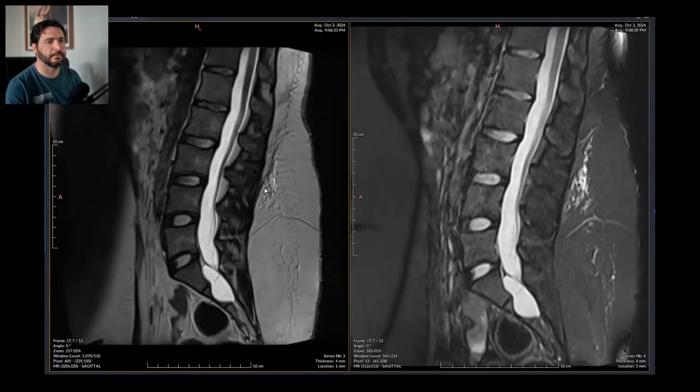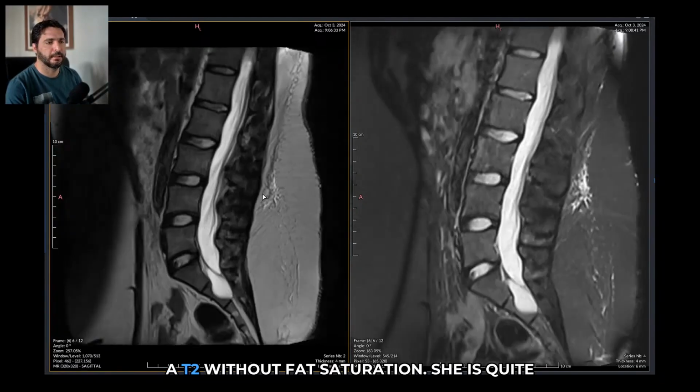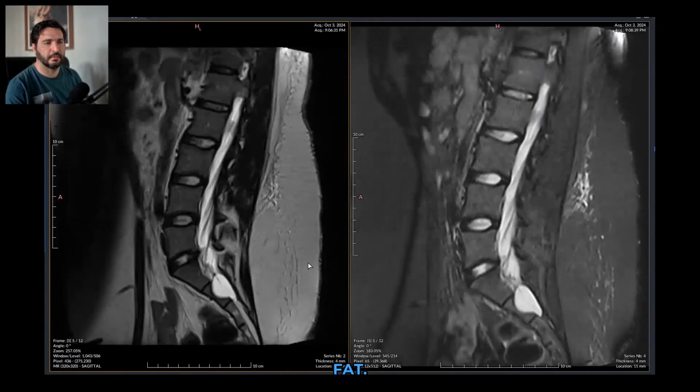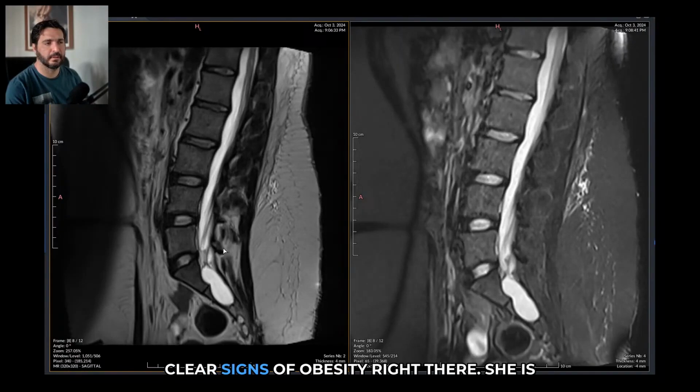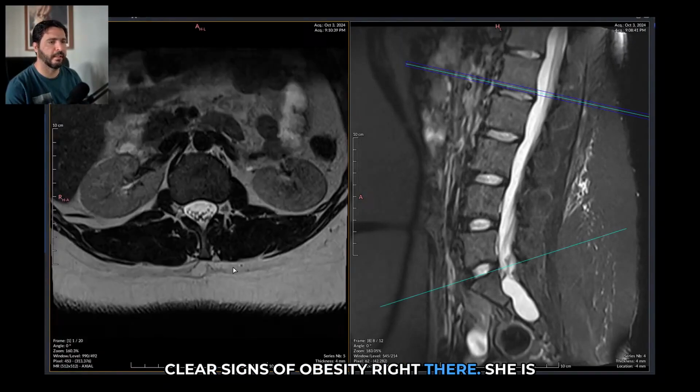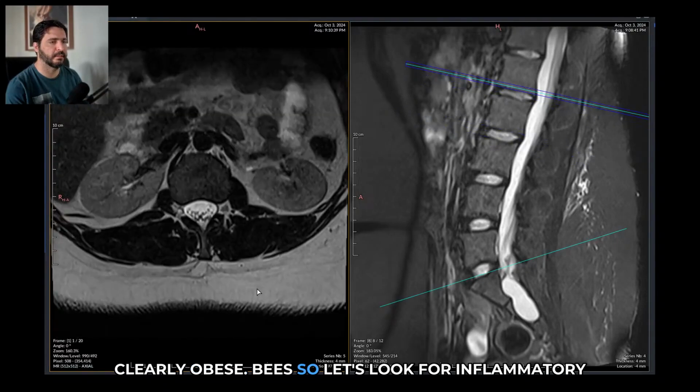This is a T2 without fat saturation. She is quite fat. So clear signs of obesity right there. She is clearly obese.